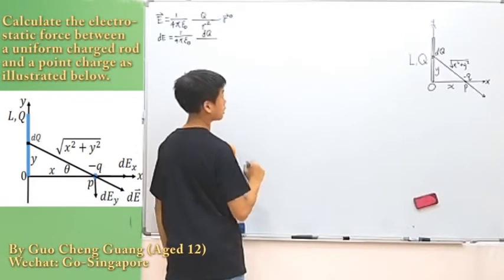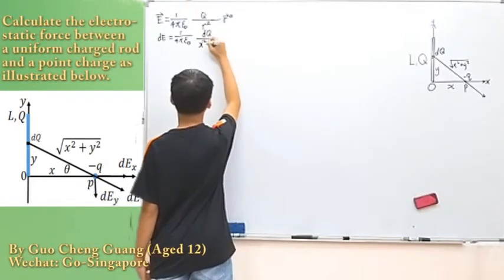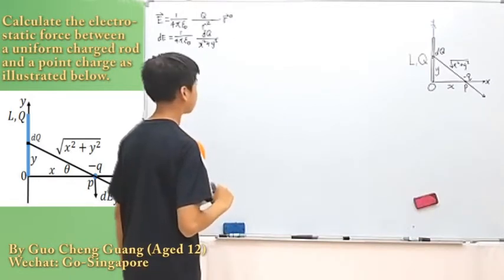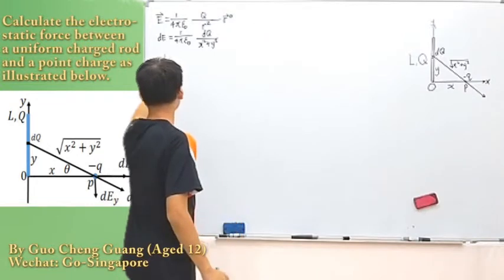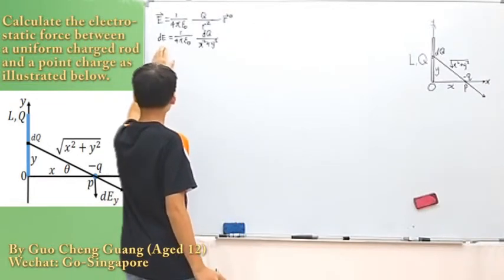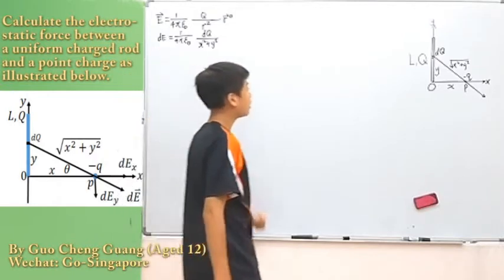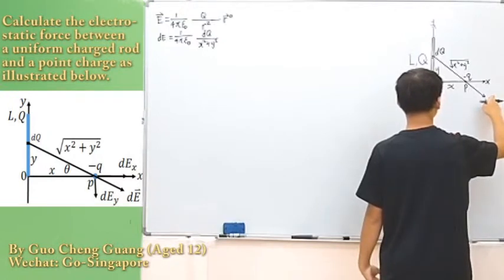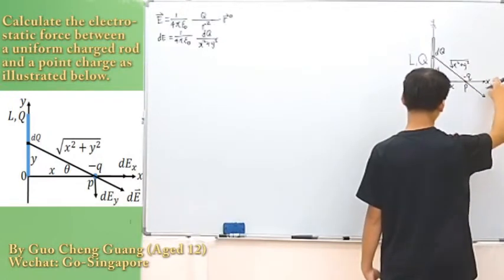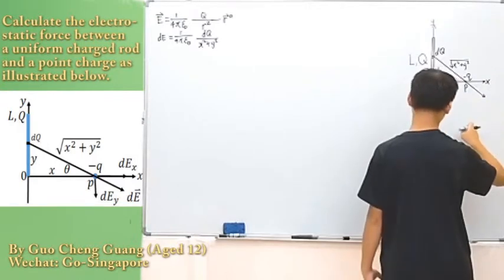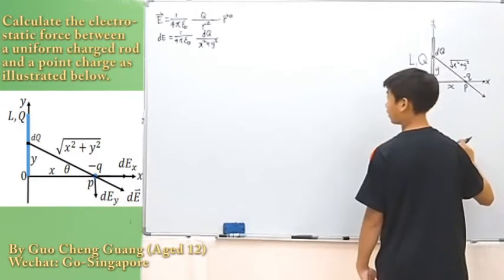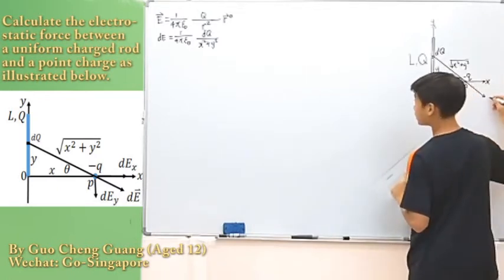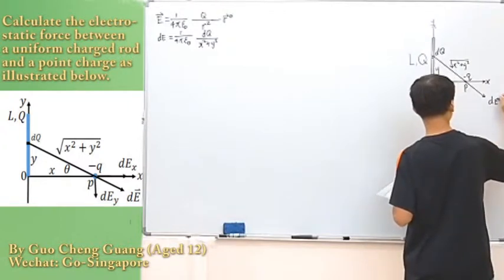So the square of distance here will be x squared plus y squared. But then if we just want to find dE, since it goes in this direction, and it is not directly in the x direction or directly in the y direction, you'll have two components for this part. So let's just say for this part it is dE.